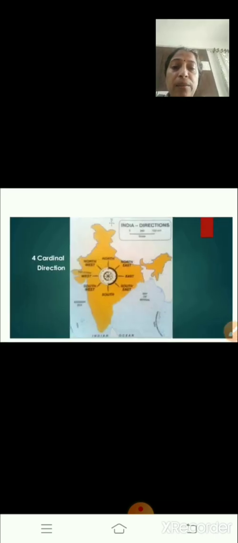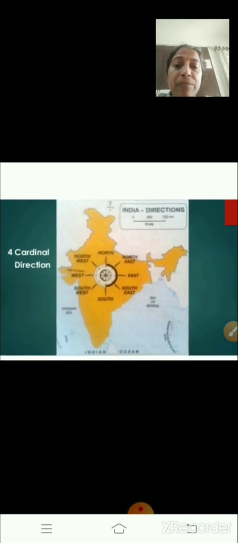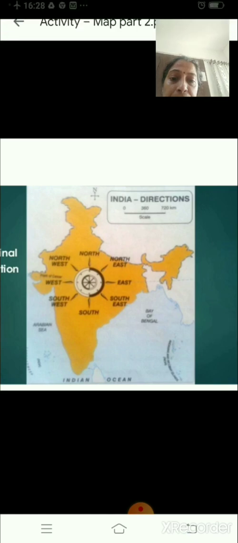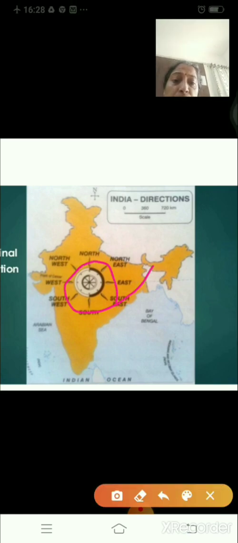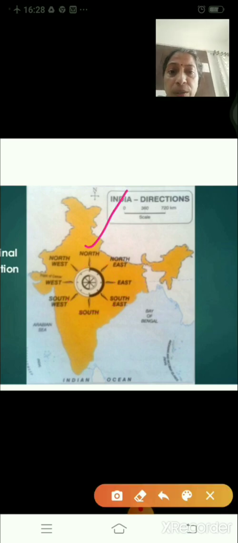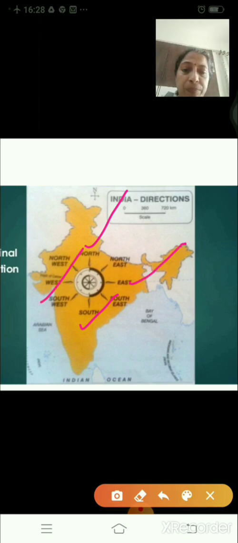Now look at this picture. You can see there is a compass here on the map. This is called a compass rose. This shows the directions. There are 4 directions: north, south, east and west.